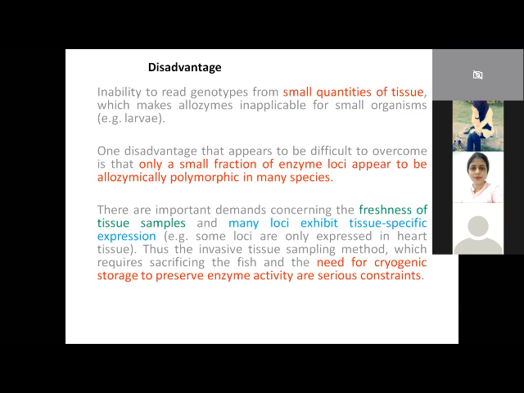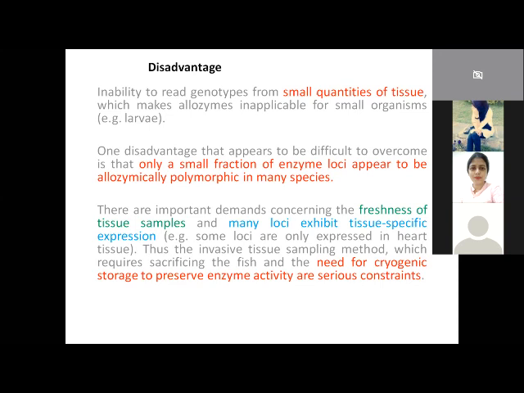But here, because for electrophoresis we need a large amount of sample, we cannot take it from a smaller sample like a larva. So from a small amount of sample, we cannot do allozyme analysis. That is why this is a disadvantage. We cannot use this technique for a small quantity of sample.